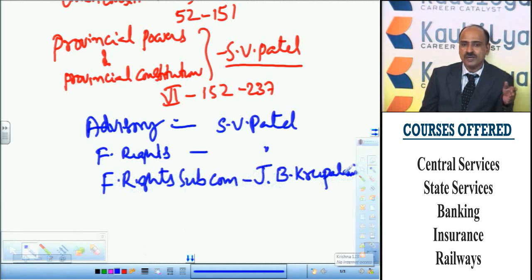When India got independence, our INC president was J.B. Kripalani. The biggest committee in our Constituent Assembly is the Advisory Committee. The most powerful committee is the Drafting Committee.